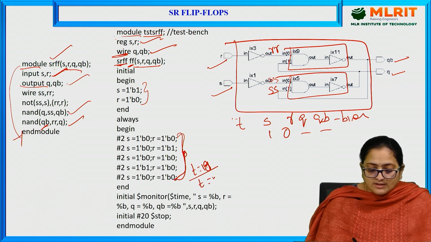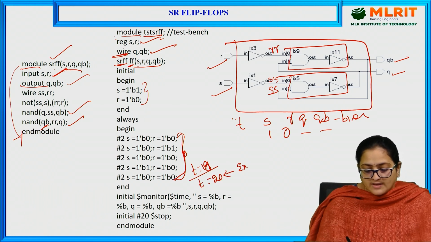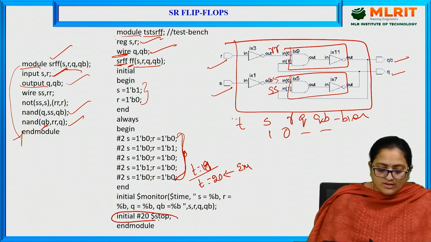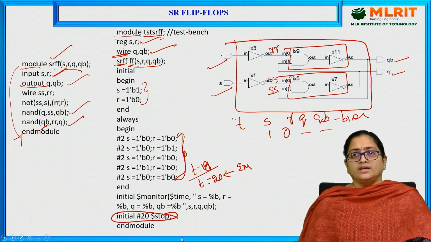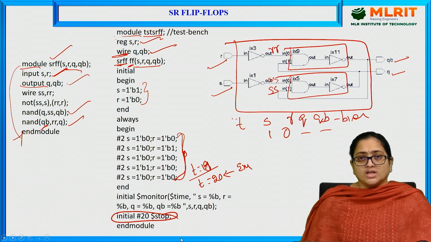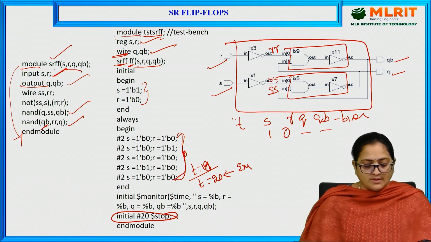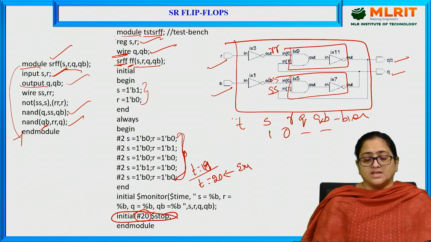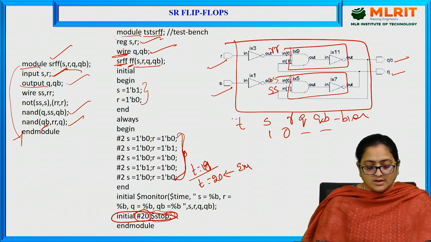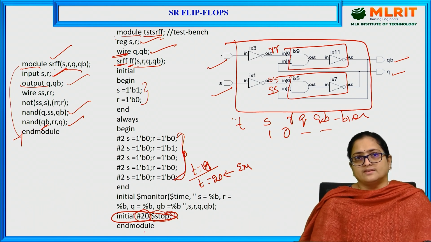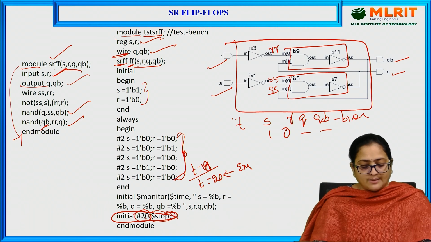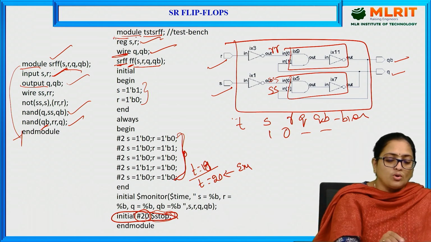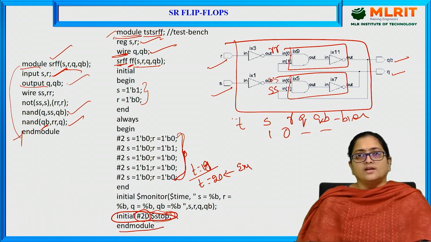At time t is equal to 20, it stops execution because I have given initial hash 20 dollar stop. This hash 20 represents the time, and this $stop terminates the execution, which happens at time t is equal to 20. And this module has been ended with the keyword endmodule.